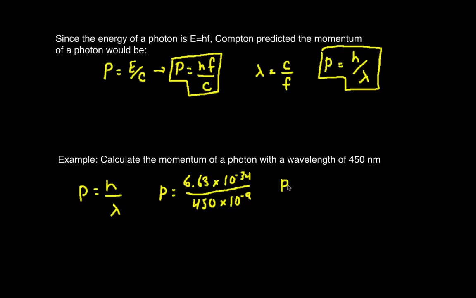This gives a momentum equal to 1.47 times 10 to the negative 27, and the unit for this, even though the photon doesn't have mass, is still the standard momentum unit, kilogram meters per second.